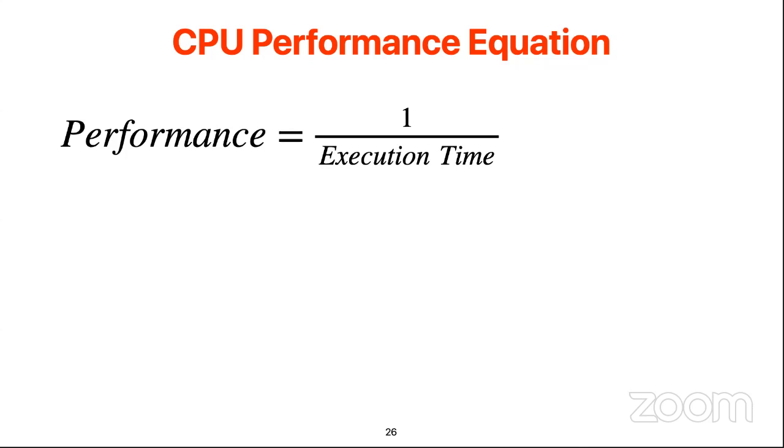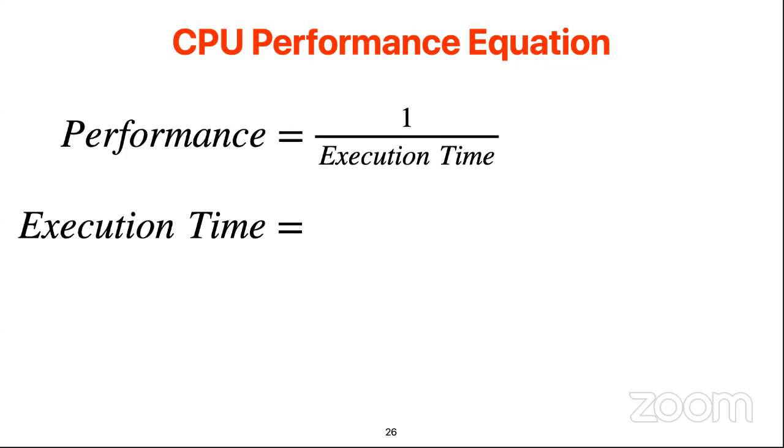So the shorter the execution time, the better the performance. That's why its definition is like this. No matter whether you like it or not, performance is defined by the reverse of execution time.